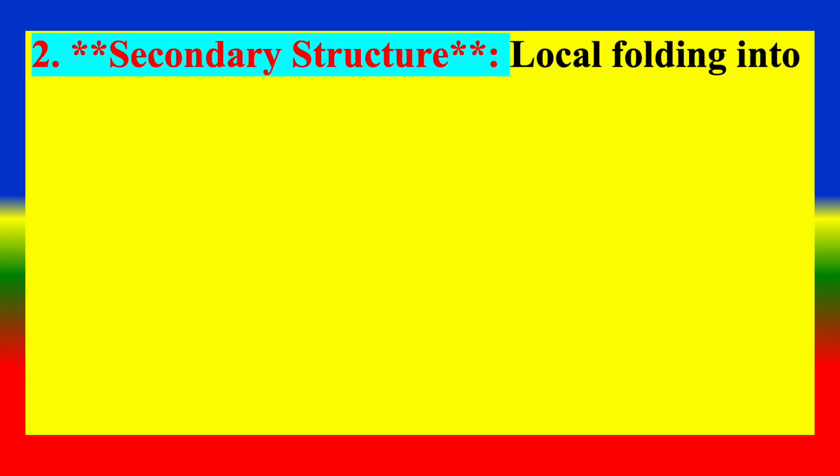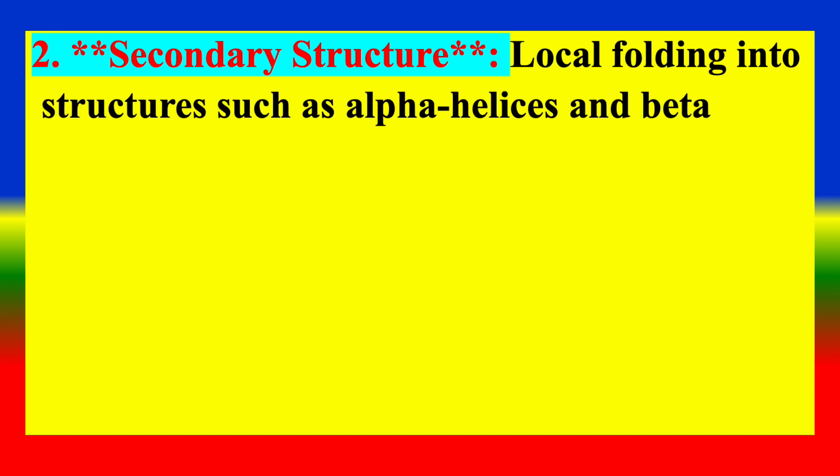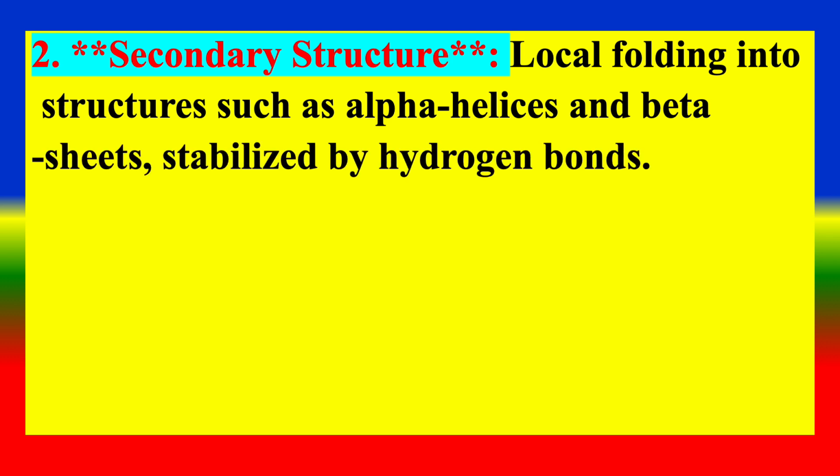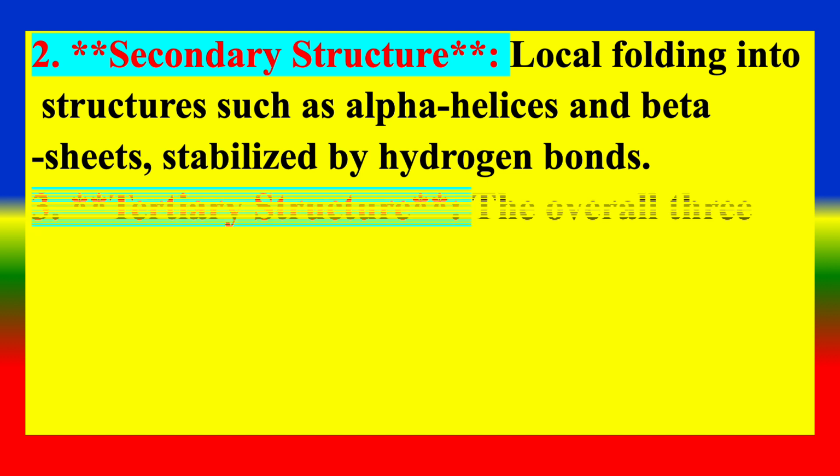Secondary structure is local folding into structures such as alpha helices and beta sheets, stabilized by hydrogen bonds.